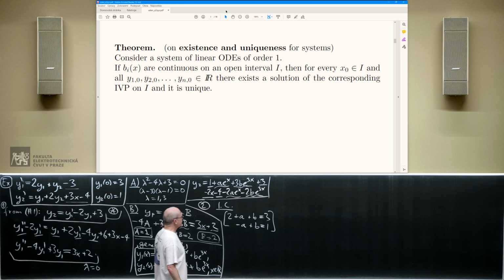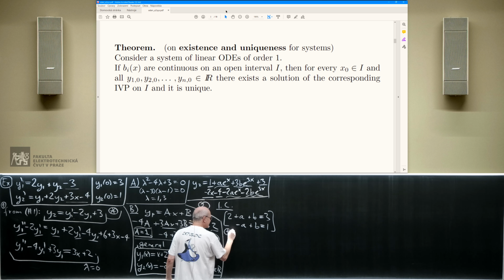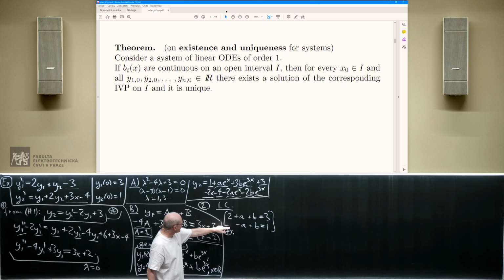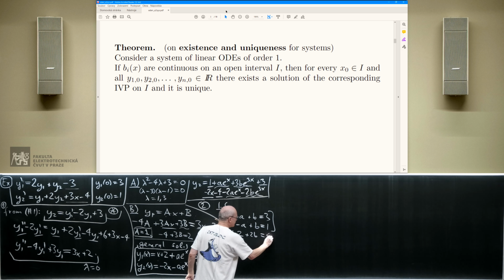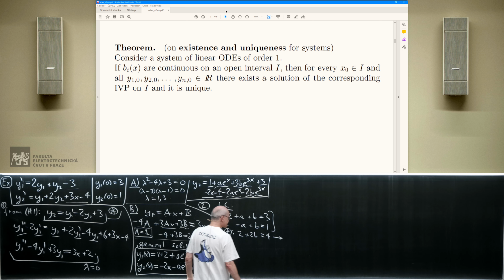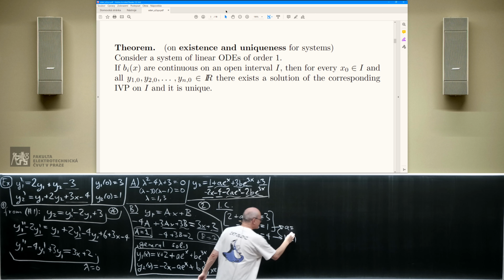Okay, what should I do with it? Let's play it simple. I just add the equations. If I add them, I get 2 plus 2b is equal to 4, which means that b must be 1. Easy. Now I substitute into the second equation and figure out a. a is 0. That was easy.